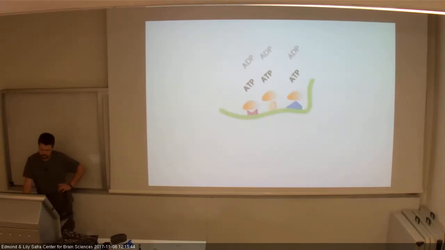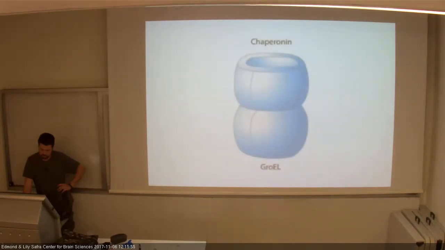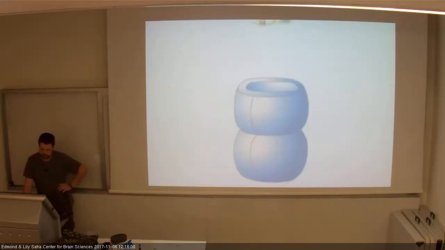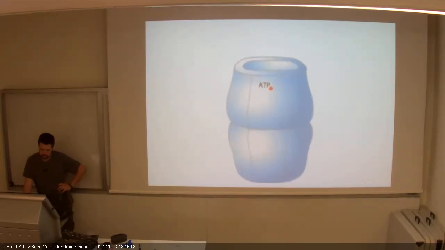ADP exchange with a new ATP molecule causes the chaperones to switch to a closed conformation, releasing the target protein. A second class of chaperones, the chaperonins, is required to help a small proportion of proteins fold properly. A partially folded or misfolded protein is inserted into the cavity of the chaperonin, where it can fold into its native conformation. ATP binding causes the chaperonin to expand and release the protein properly folded.